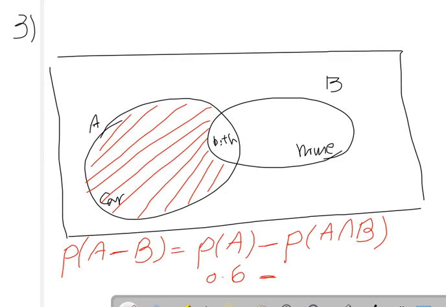The probability of A intersection B is 0.2. So the result is 0.4. It means 40% of the population just owns a car.